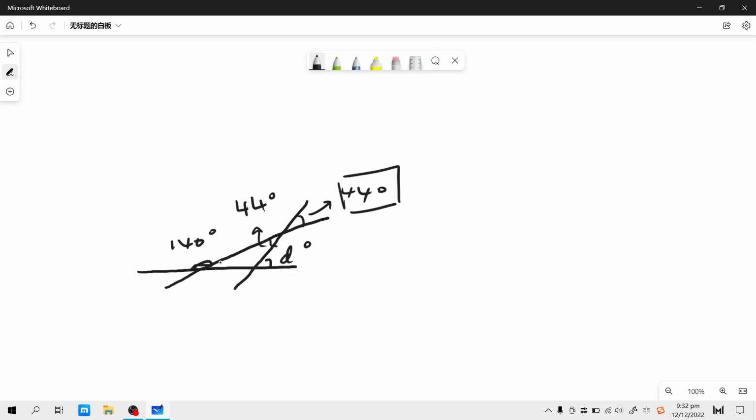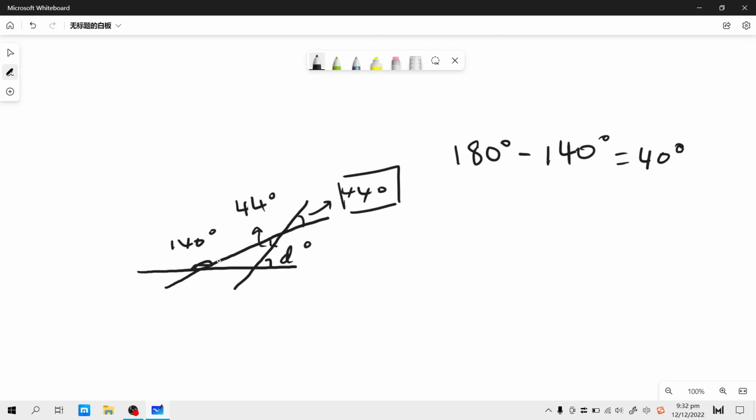To know this angle, this is the second step. This straight line is 180 degrees minus this one. So 180 degrees minus 140 degrees equals 40 degrees.